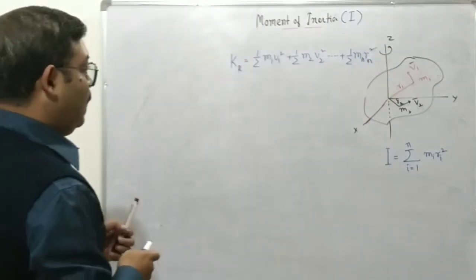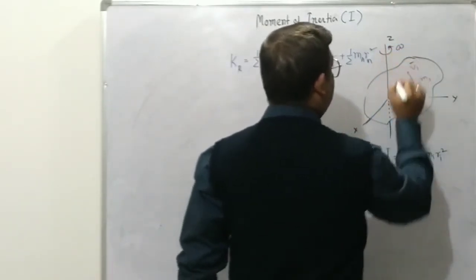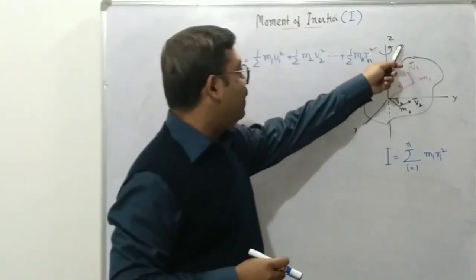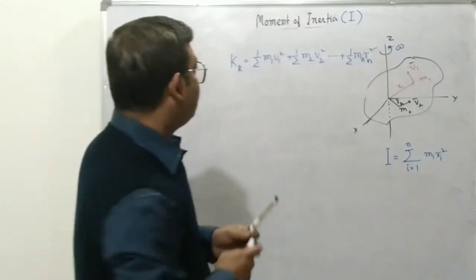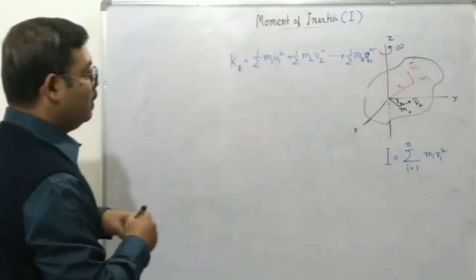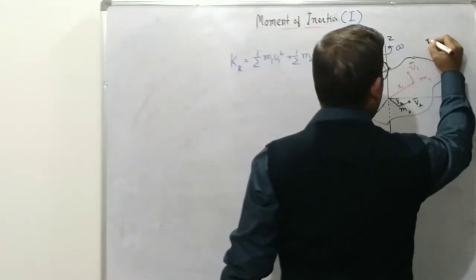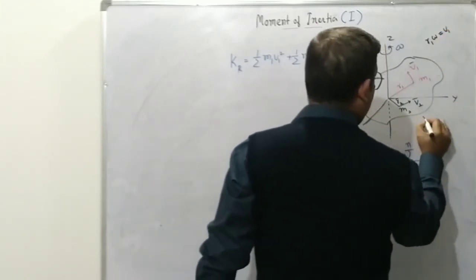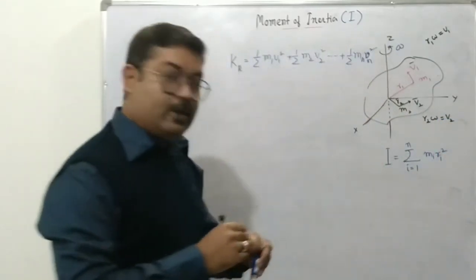However, this rotational motion about the axis will have a certain angular velocity, right? So r1 into omega will give us v1, r2 into omega will give us v2, and so on and so forth.